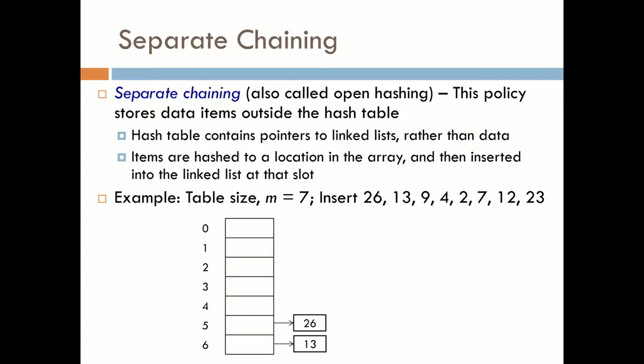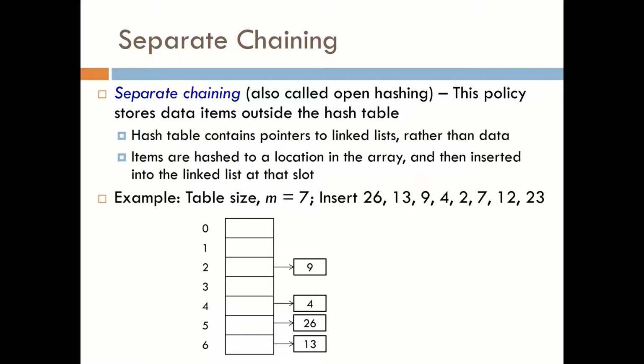We then take the value 9, mod by 7, that is going to go into location 2. And we take the value 4, mod that by 7, and that gives us 4. So that maps out, and so far we have no problems. We've got 3 empty spots and we've had no collisions. And we're now going to add the value 2.